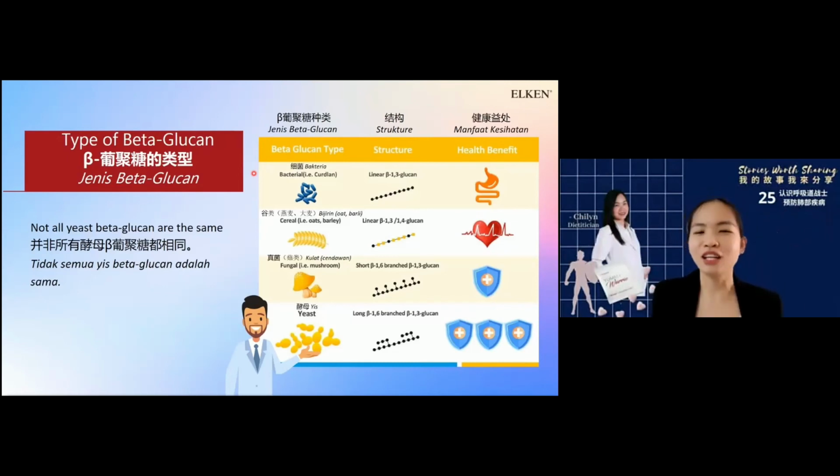Okay, no worries if you don't understand it, but all you need to know is that it is different from beta-glucan found in oats. Those are for you to decrease your cholesterol levels and decrease the risk of getting cardiovascular diseases. But for the beta-glucan extracted from yeast, they are for our immunity. It can activate our immune cells and allow our immune cells to respond better.